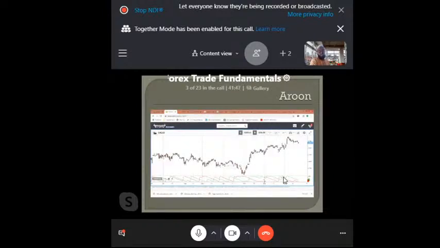Okay, let's look at it here. You can see the Aroon indicator on the bottom. Look at the lines, you can see the green and the red. One of them is the Aroon Up, the other one is the Aroon Down. Can you see the 0 line? Can you see the 100 line?